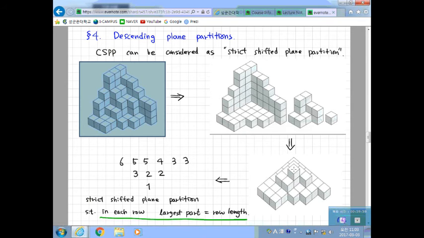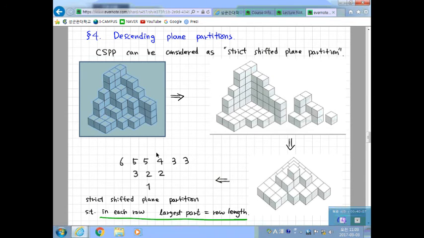Because this can reach at most over here, in which case it will be only 4. But because we have removed one box here, this is always smaller than the number of boxes below. So this is always bigger than this. These are always strict. So shifted means shifted like this. Strict means strict along each column.